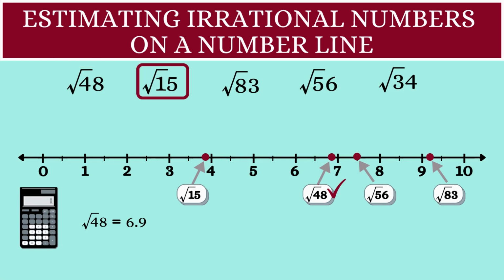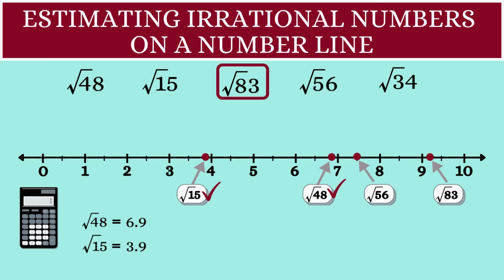Next, square root of 15 is this value. Rounding it off, we get 3.9. That again seems to be correct. Square root of 83 can be rounded off to 9.1.